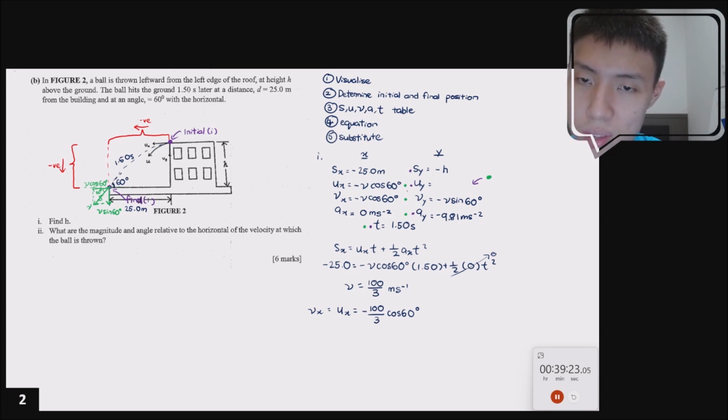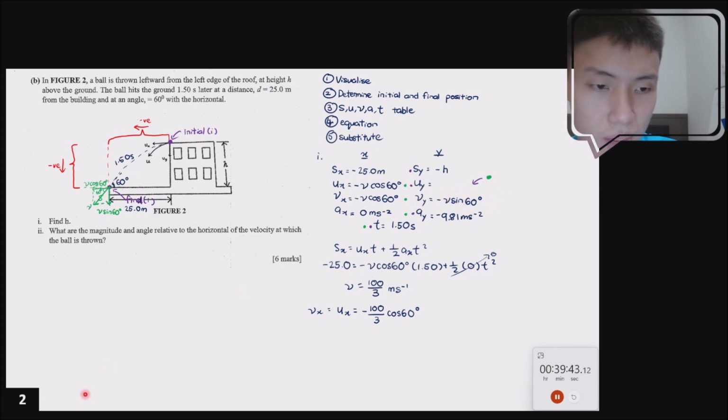Okay, I need to use these four quantities over here to find UY. I need to use equation with U, V, A, and T inside to find UY. But in order to do that, I need to find what is V first.